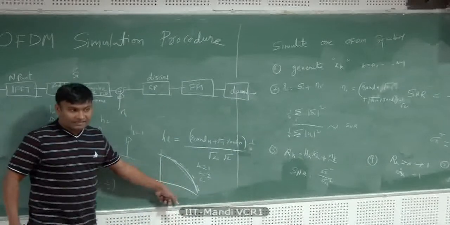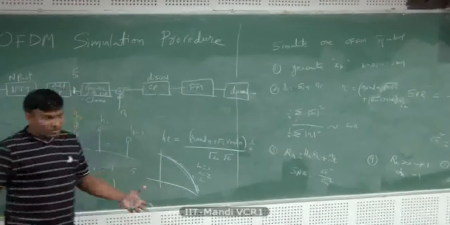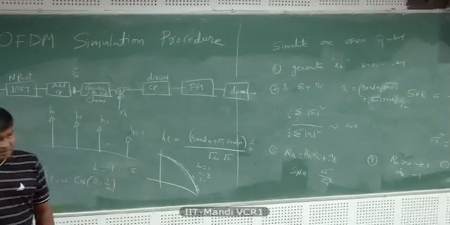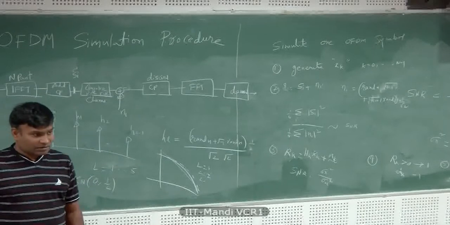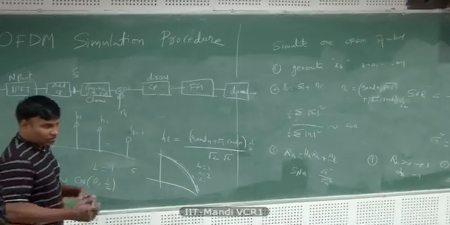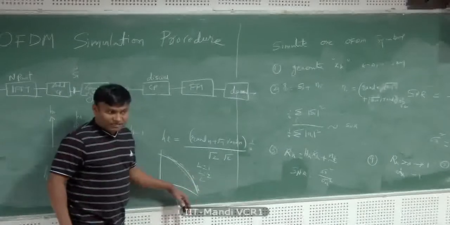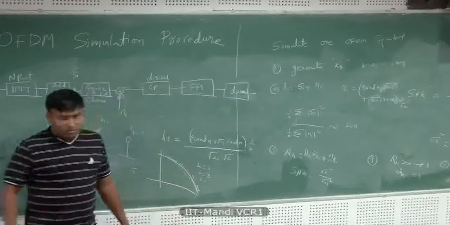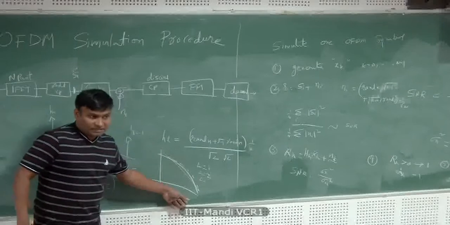Why is that? When you introduce channel coding, what happens? That effect kicks in. It's not so obvious, but the diversity order will come into picture. You can check the slopes and all that. You can vary the code rate, and you can see what is the effect in the receiver.